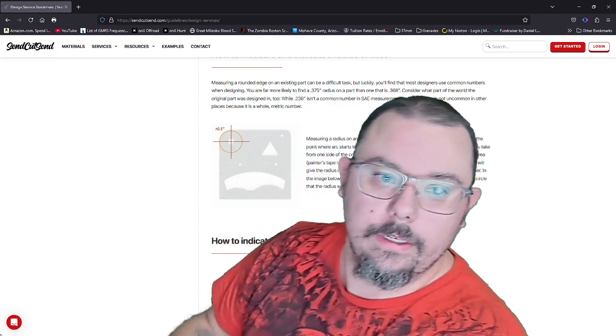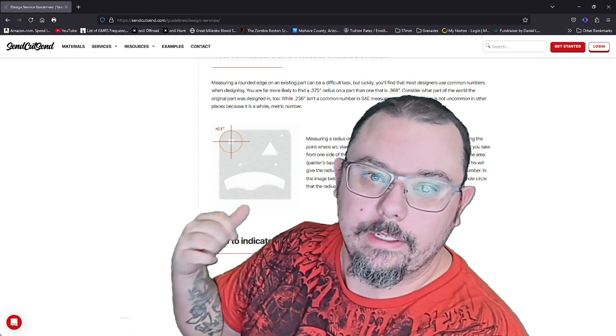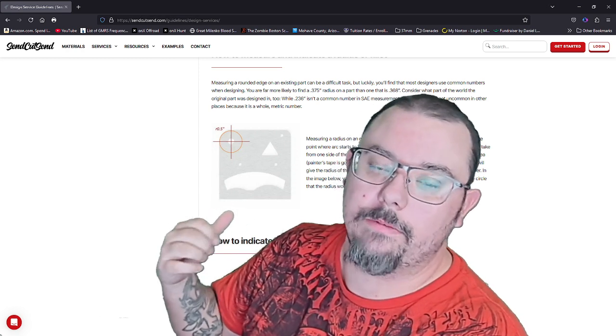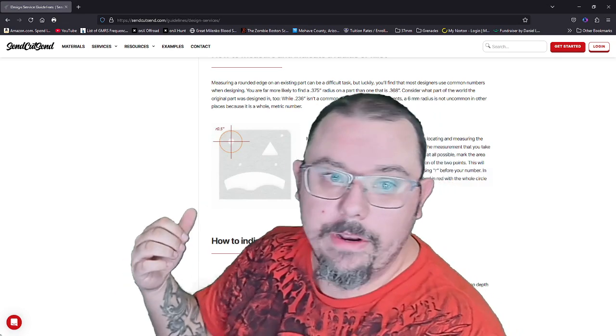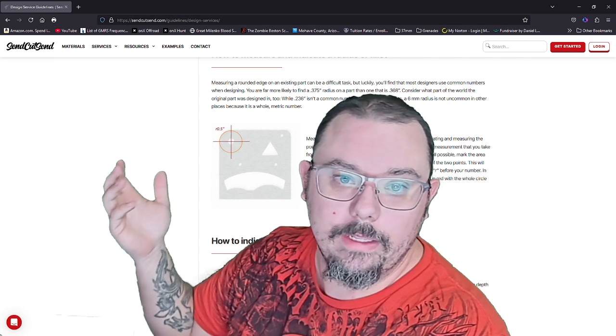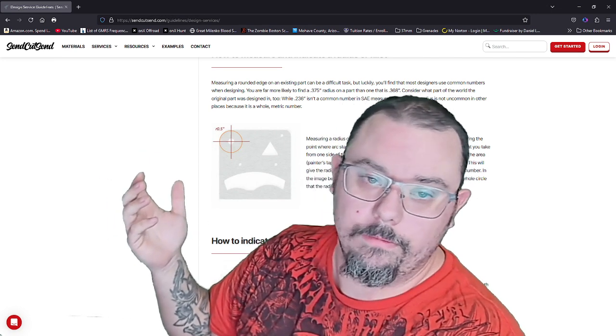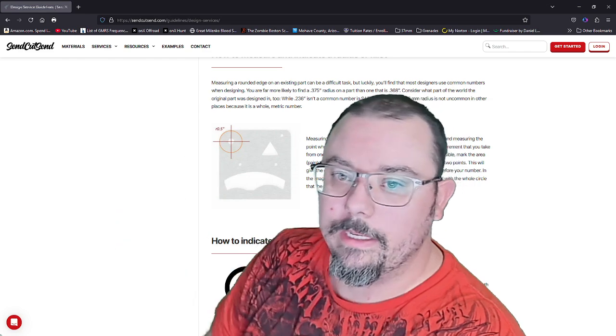Yeah. It's like, measuring a rounded edge on an existing part can be a difficult task, but luckily you'll find that most designers use common numbers when designing. You're far more likely to find a 0.375 radius than a 0.368.